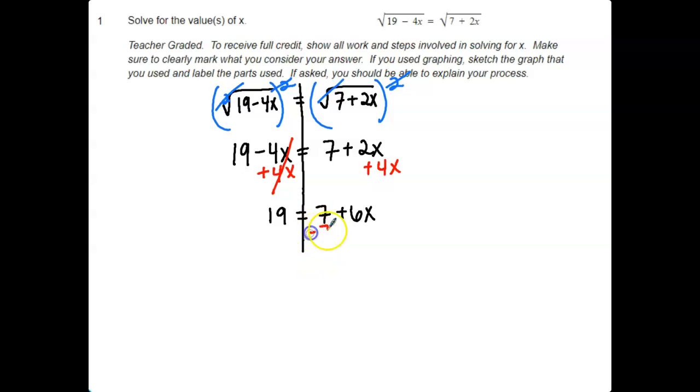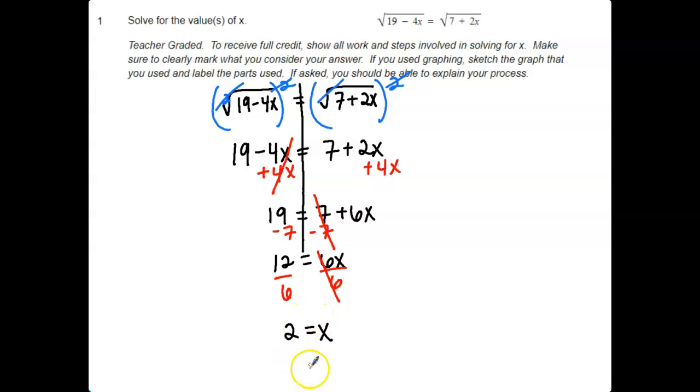And we're going to subtract 7. So that's going to be 12 is equal to 6x, and then divide by 6. So 2 is equal to x.